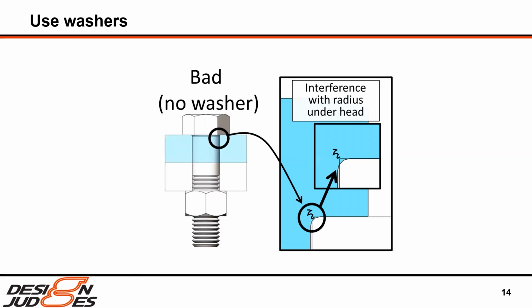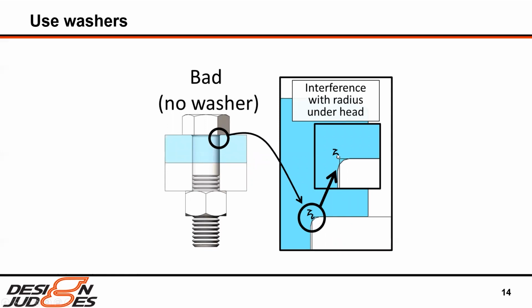Next thing I want to mention is why to use washers. So one, they'll reduce the wear of your base materials, because obviously the head and the nut are going to spin on these materials and wear them down. But they will also reduce the stress concentrations, especially for tight clearance holes. So here I show an example of a bolt head without a washer and a tight clearance, and you can see under the head of this bolt, there's actually a radius.